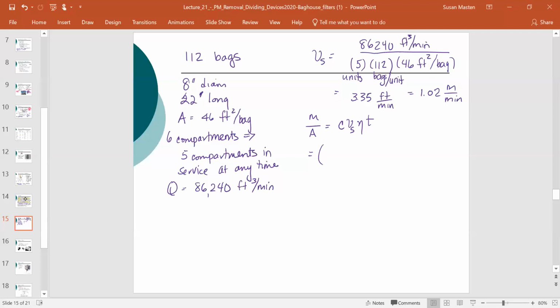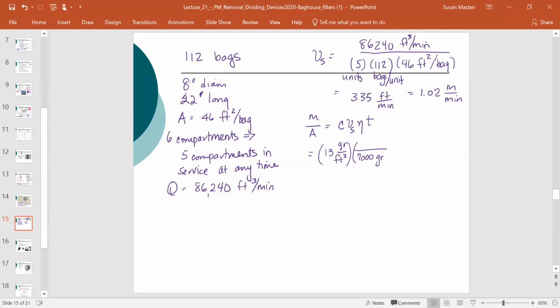So our gas loading is 13 grains per cubic foot.